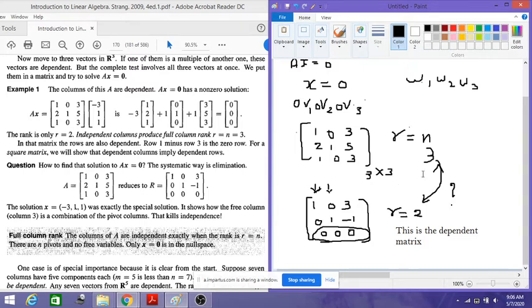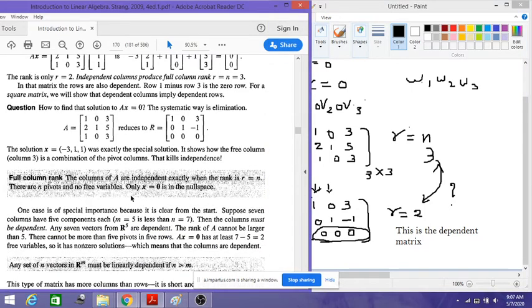If the rank of the matrix is equal to the number of columns, it means we have three pivots in this matrix. Then we can say that these vectors are linearly independent, and they fill the entire space. There is a third definition as well: the columns of A are independent exactly when the rank r is equal to n, and there are n pivots and no free variables.